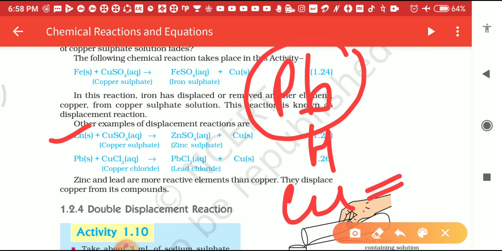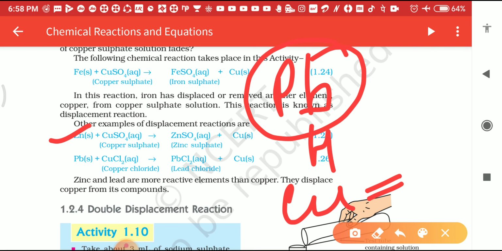It means Pb is more reactive than copper. Then Pb can easily displace the copper from the solution. In the reactant, Pb is solid, copper chloride is an aqueous solution. In the products it will give lead chloride, PbCl2, plus copper. Students, you will see here the most reactive metals can easily displace the least reactive metal.